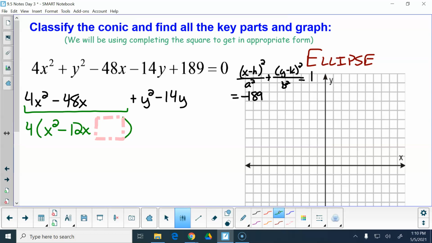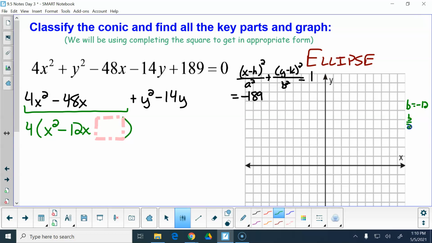And so I'm going to say to myself, my b is going to be negative 12.